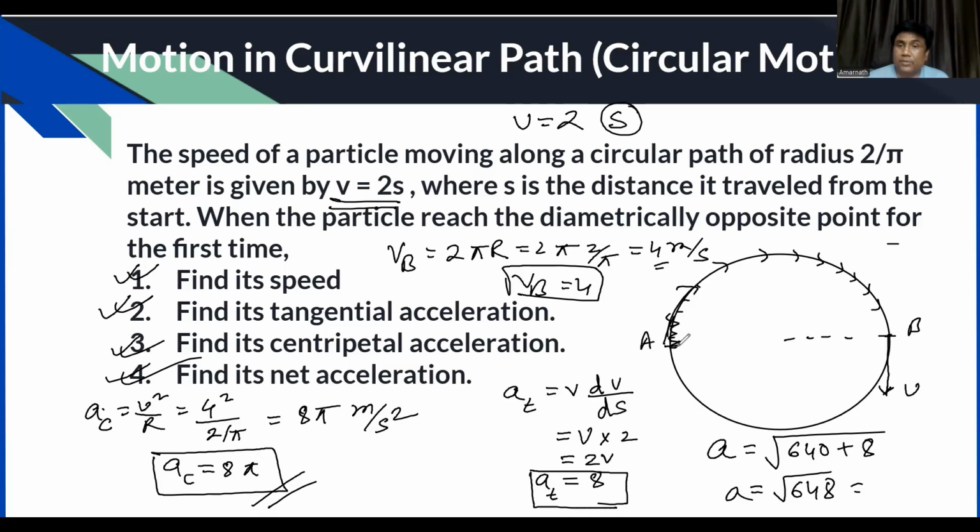But remember, s is what? From here to here, distance. Distance pi r, na? The distance traveled is 2 into s, means 2 into pi r. Yes, sir. It will be nearly about 25.46, okay?